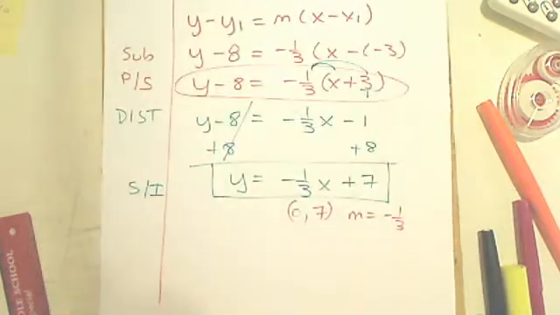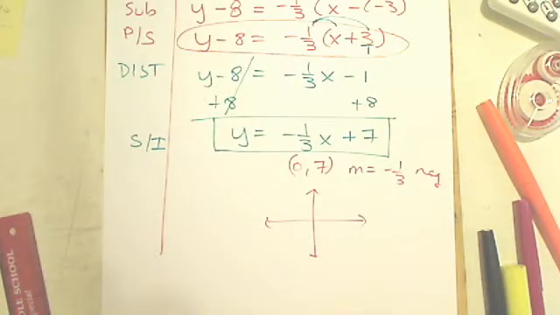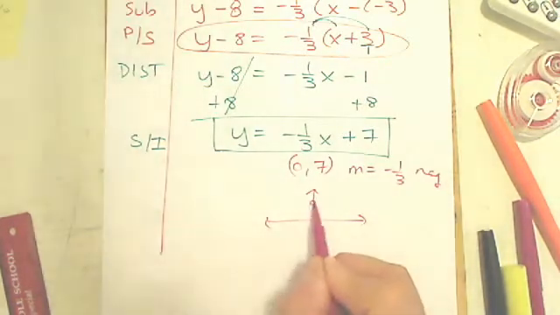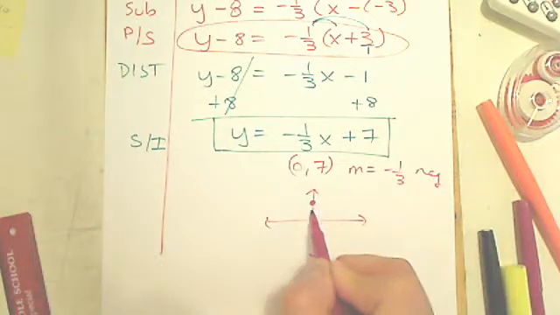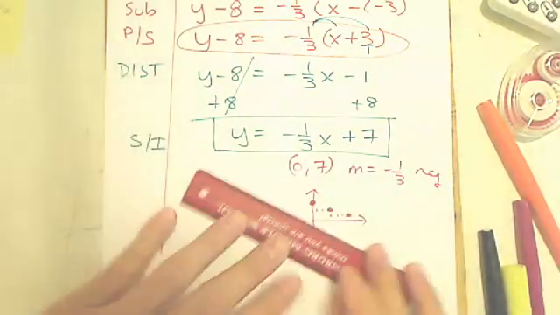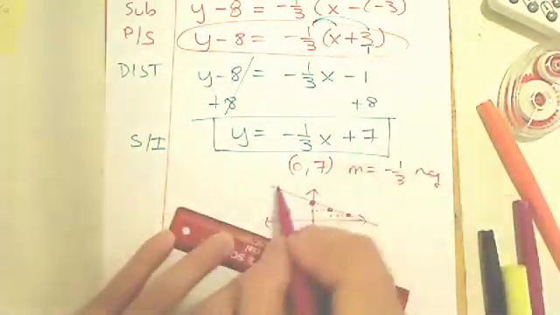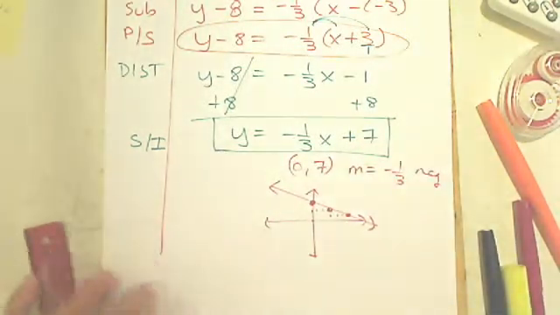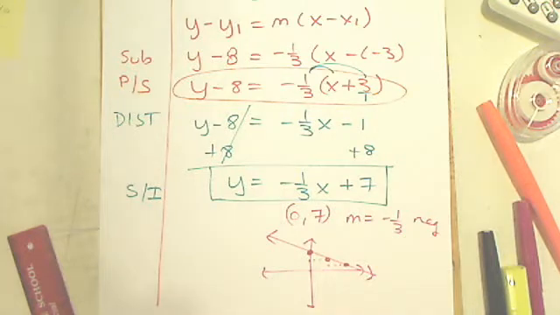Okay? It's a negative slope. So if I do a quick sketch of this, which you need to be doing too, just as practice: 0, positive 7. But I go down 1, to the right 3. Down 1, to the right 3. Then I can graph my line. 3 points minimum. Questions, comments, concerns?